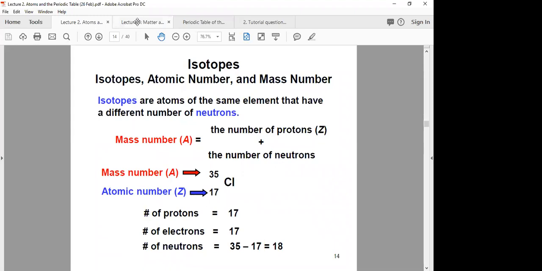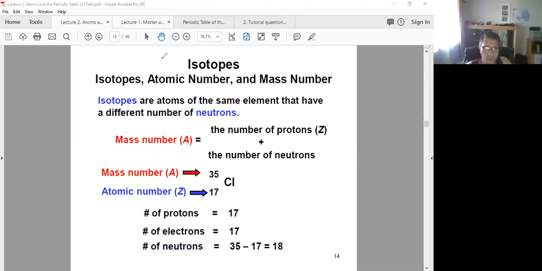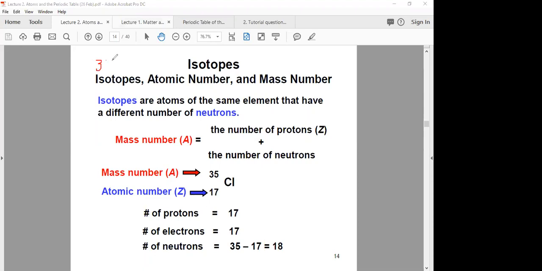I'm going to write this down. If we round that number down to 35, then we have what's called the mass number of chlorine. Here it is right here. The mass number of chlorine, 35.